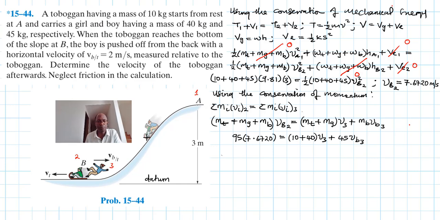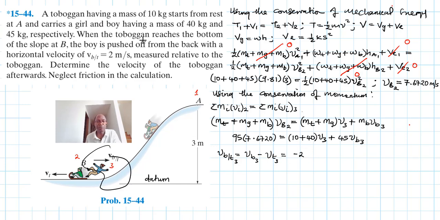We've been told that this boy is pushed back with a velocity of 2 meters per second relative to the toboggan. So this is in the other direction. Therefore, we are going to say VB relative to T is equal to VB minus VT, in state 3, and this is equal to minus 2 because of the direction.